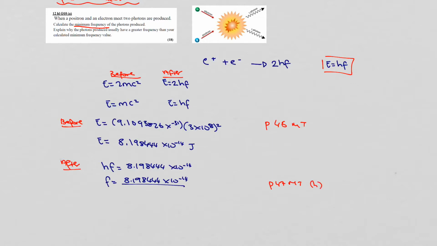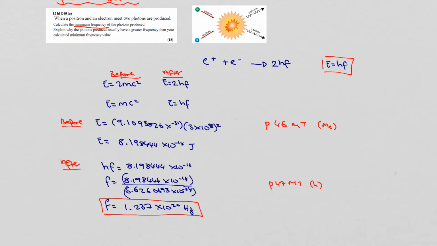So that was for h, and that was for the mass of the electron. Planck's constant is 6.6260693 by 10 to the minus 34 in our maths tables. And then that gives me the frequency of each photon as 1.237 by 10 to the power of 20, and of course that's hertz.